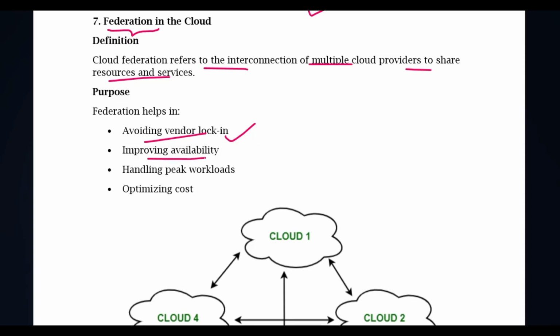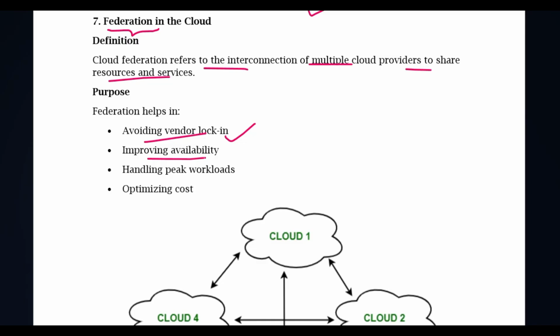Improving availability: if multiple cloud service providers come into a single group, then obviously it is going to increase my availability even more. Taking the same example, AWS was down at the time of Diwali. If this kind of cloud federation happens in future, then even if one cloud service provider is down, another will take care of it.